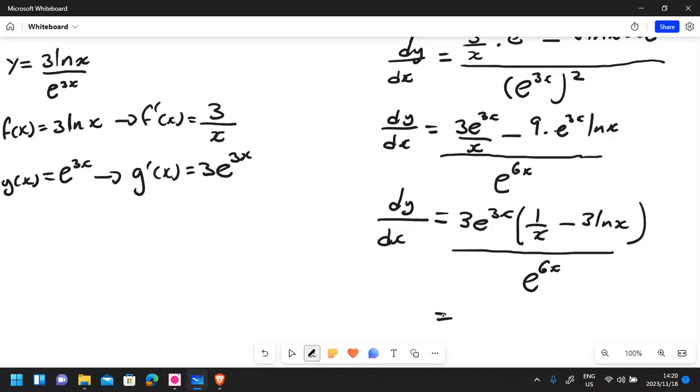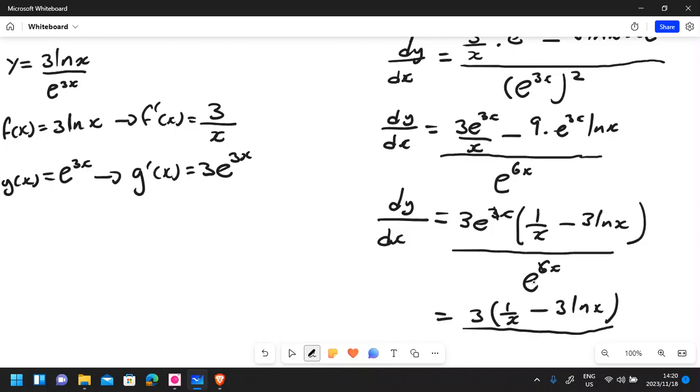Now if we divide there, this is going to give us 3 multiplied by, remember this and that, they're going to divide, guys, by the way. Okay, and then we have 1 over x minus 3 natural log x, just write over.